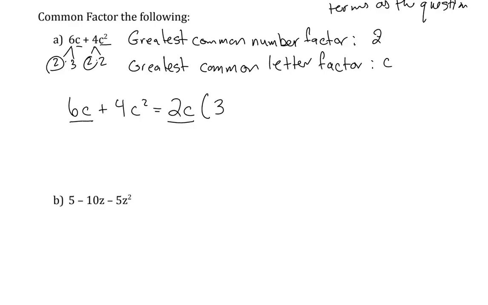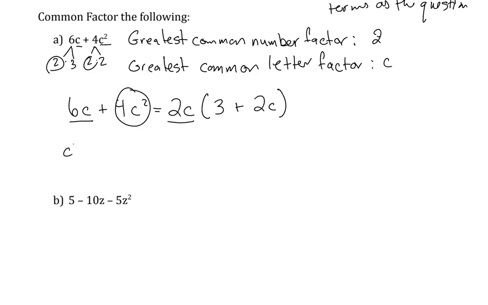Okay, and 4c squared divided by 2c, so there's a plus here, so we can't forget that. Plus, so 4 divided by 2 is going to be 2. C squared divided by c is going to be c. So then what I'm left with here, factored form, is 2c times 3 plus 2c.